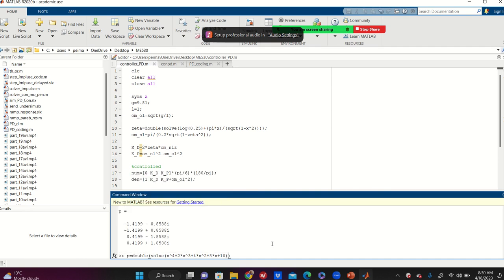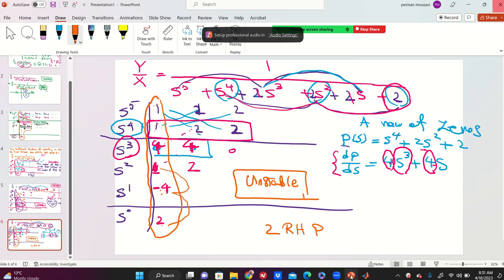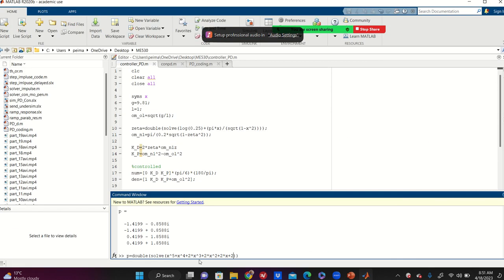So it's gonna be 1, 1, S5, S4, 2, 2, and 2, and 2, right? 1, 1, 2, 2, 2, 2.